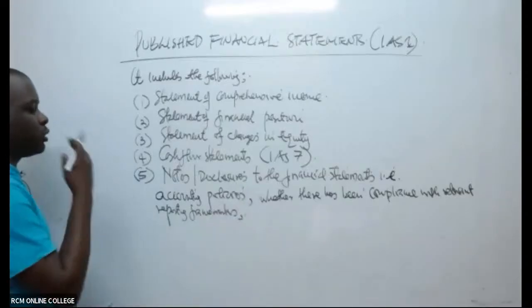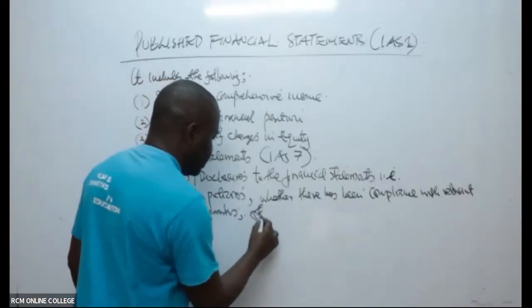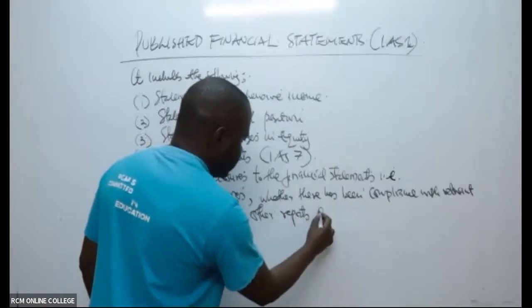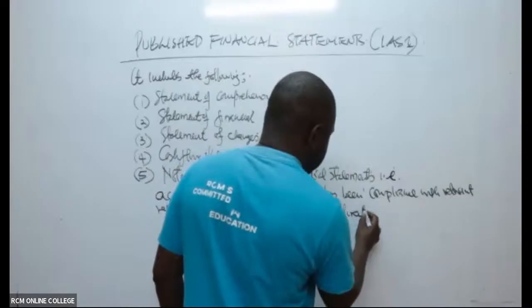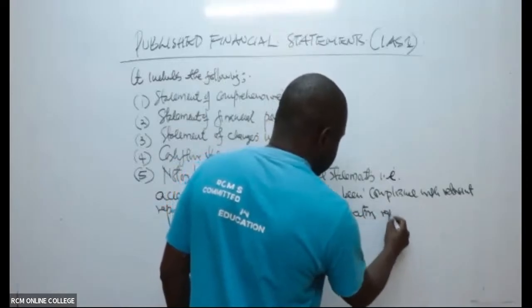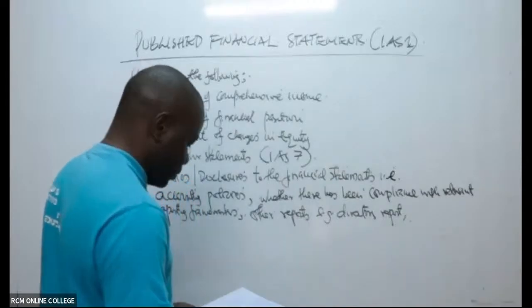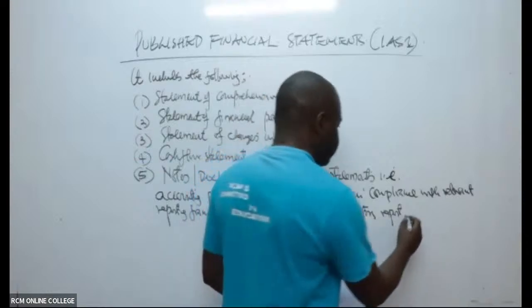Then, of course, you can include other reports in the notes. For example, you can include what we call the director's report. You can include what we call the auditor's report.